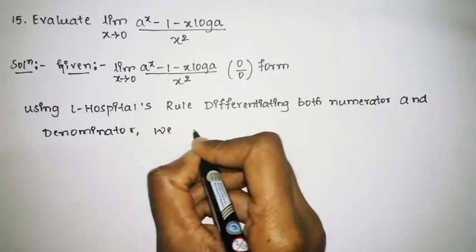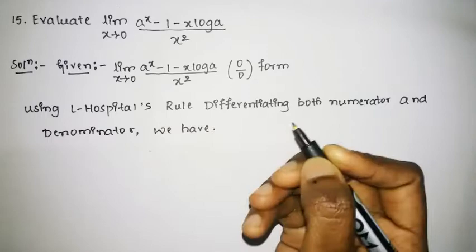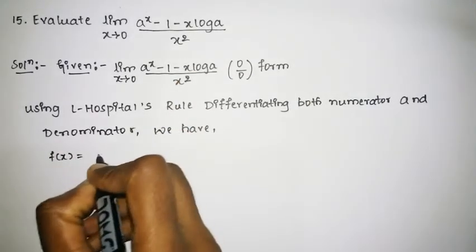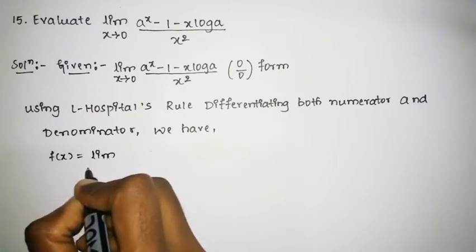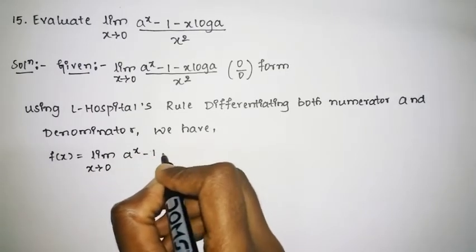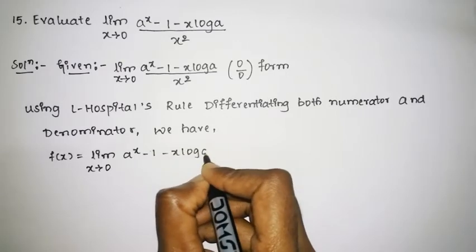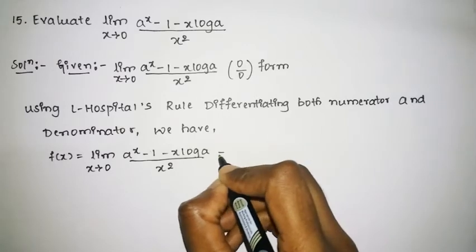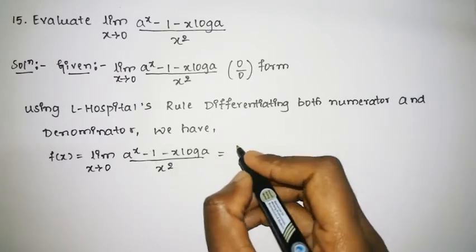So first we shall write the given as f of x equal to limit as x tends to 0, a to the power x minus 1 minus x into log a whole divided by x square. So our first step is to differentiate both numerator and denominator.